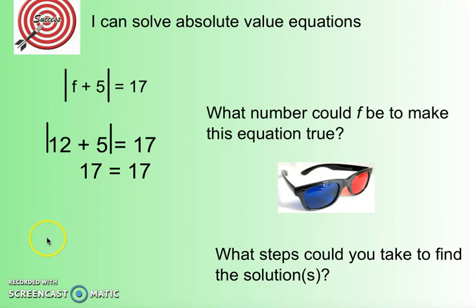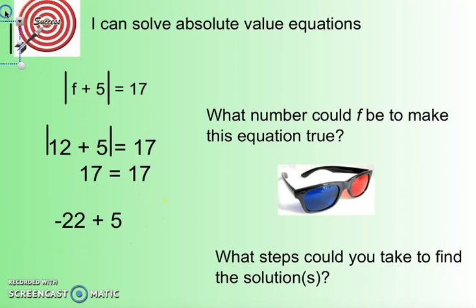Nice job, those of you that said negative 22. You are absolutely correct. Let's try it. What's negative 22 plus 5? Okay, negative 17. But now I want you to put absolute value symbols around it.